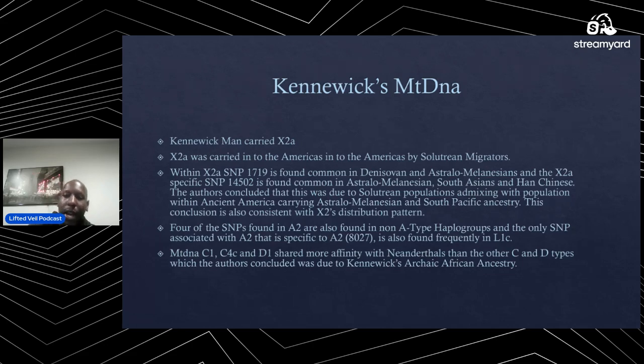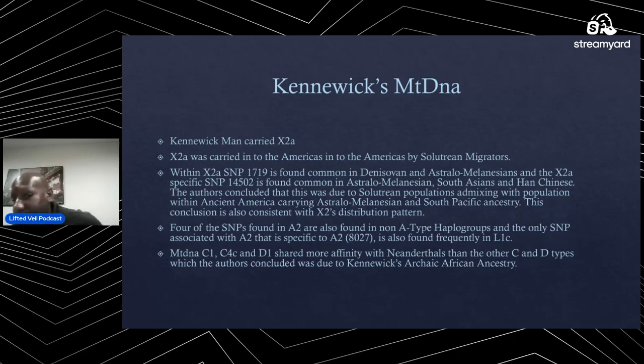The reason why I added that part in is because the distribution pattern for X2A is East Coast prevalent. You know what I mean? It's clustered on the East Coast, and that's supposed to be the coastline where this Solutrean population migrated into. Again, X2A is not found anywhere outside of North America.